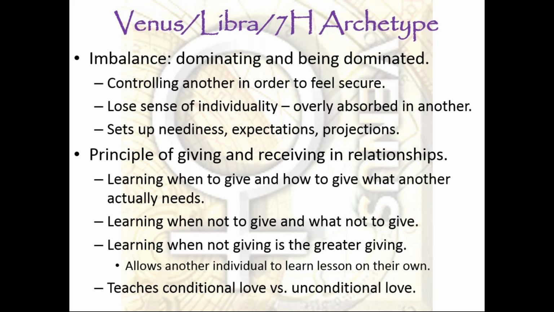It sets up projections, projecting out there that that person will behave as I want them to in order to feel secure in the relationship. So here again, it comes back to those lessons of learning how to have a relationship based on equality. It is that principle of giving and receiving in relationships.